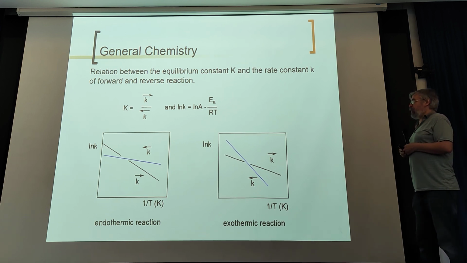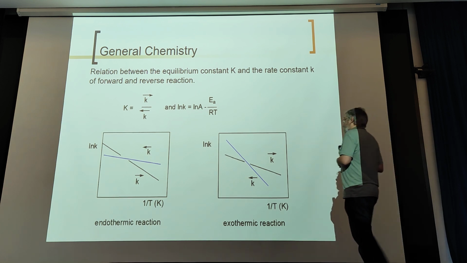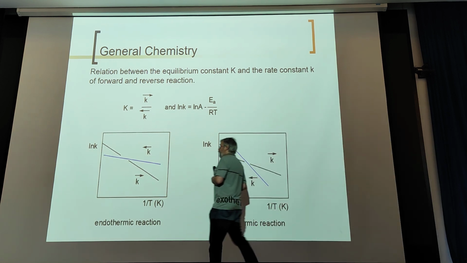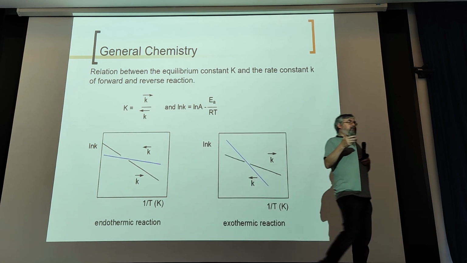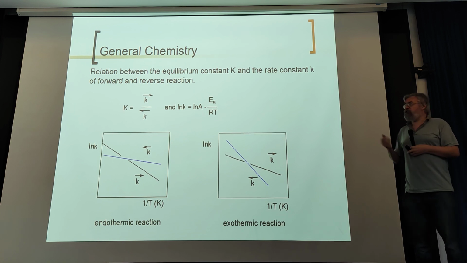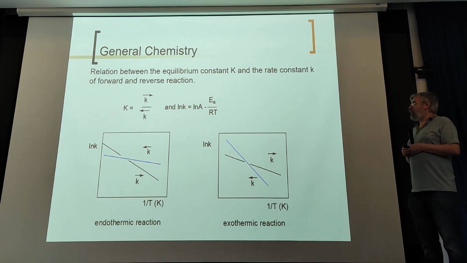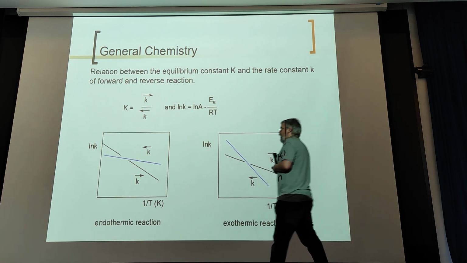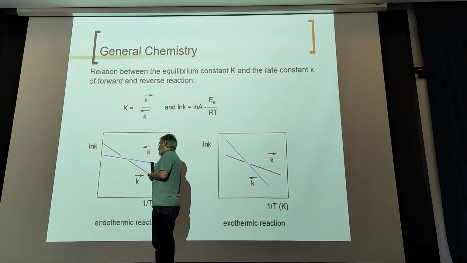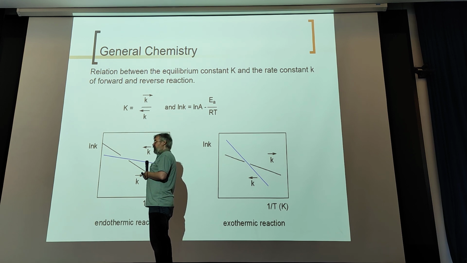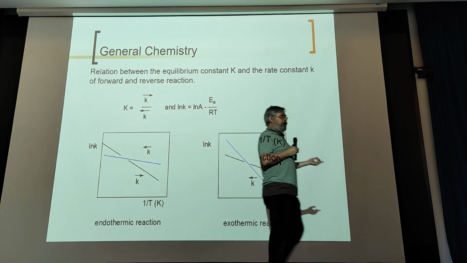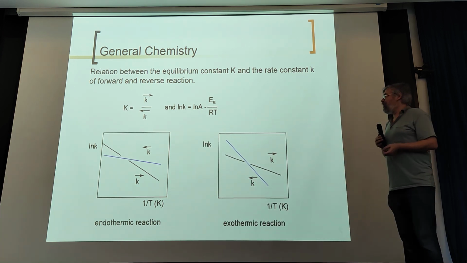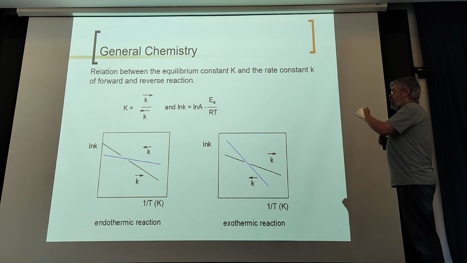So, with high activation energy, you have curves that go down faster. Now, the large K, capital K, the equilibrium constant, is the ratio of these two. So what we see here is an endothermic reaction. And in the endothermic reaction, the k going from the left to the right is with a higher activation energy.